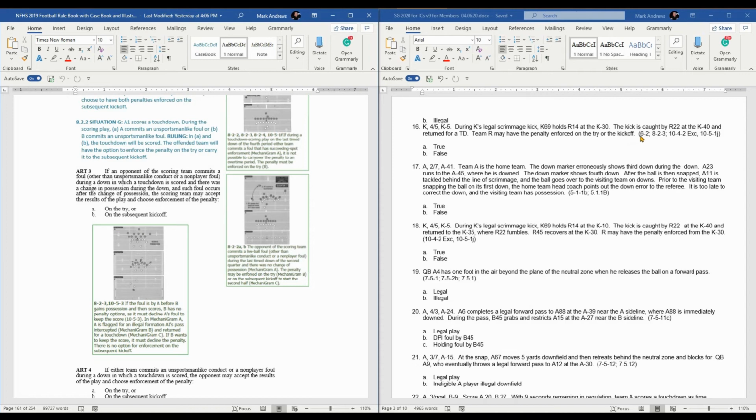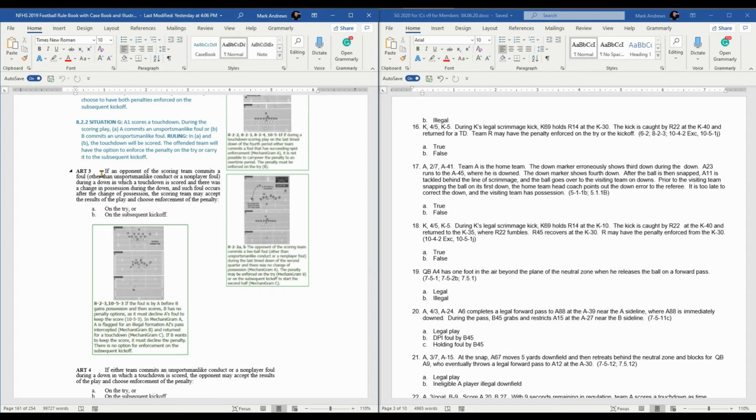These rules references, 6-2, just define what types of kicks there are, what a scrimmage kick is, and you don't need to really look at that right now. 8-2-3 is very important, let's take a look at that.